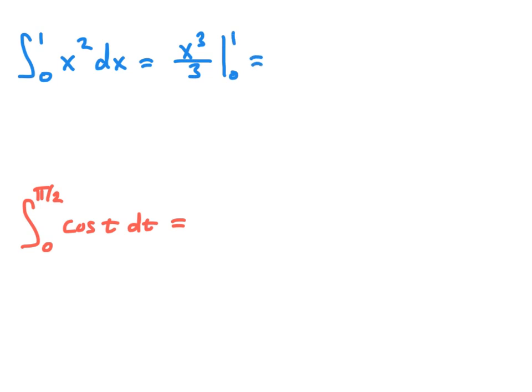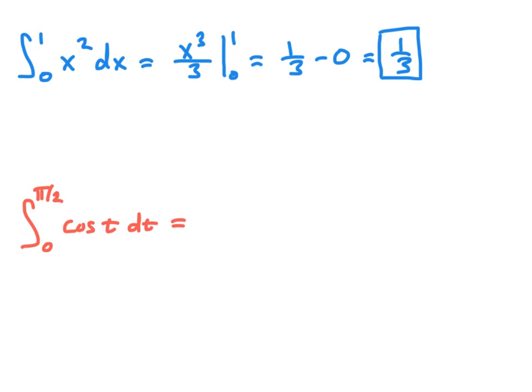So we evaluate the function at 1. When x becomes 1, this is 1/3. We subtract from this the antiderivative evaluated at 0, which is 0/3 or 0. And so our definite integral here is 1/3 minus 0, which is equal to 1/3. So our definite integral from 0 to 1 of x squared dx is equal to 1/3.